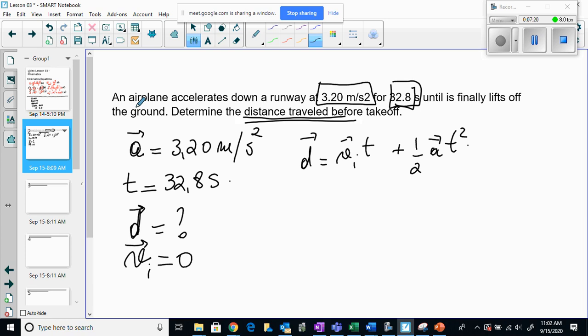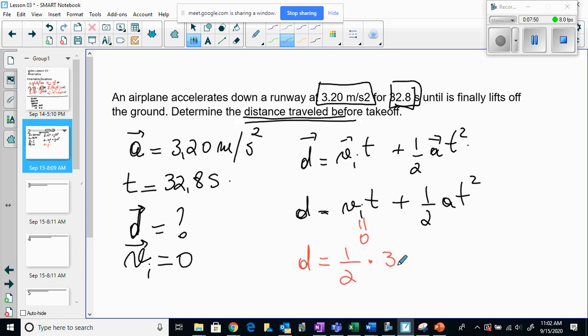It's fine. So in which direction? In the direction that the plane is accelerating. So even if you write a formula like this, plus 1/2 at squared, without the vector sign, it will still be fine. Now let's substitute what they are giving us. So this will be equal to 0. Anything that is multiplied by 0 will be equal to 0.